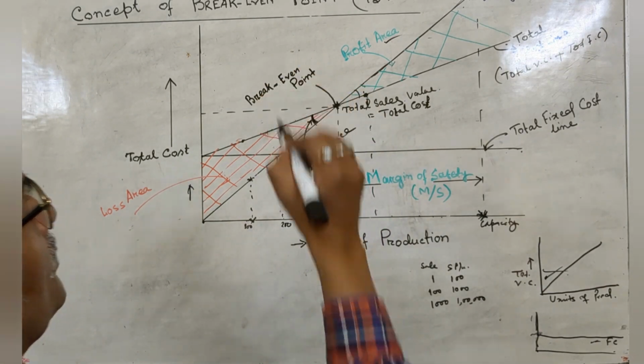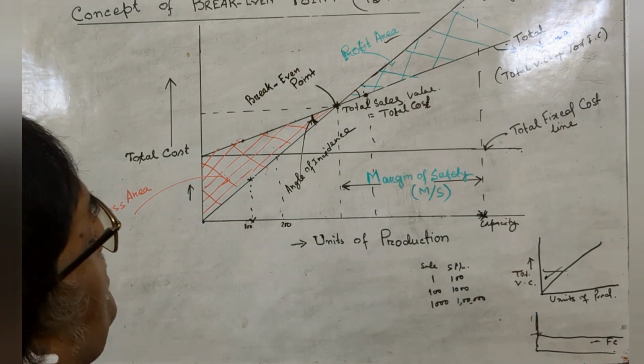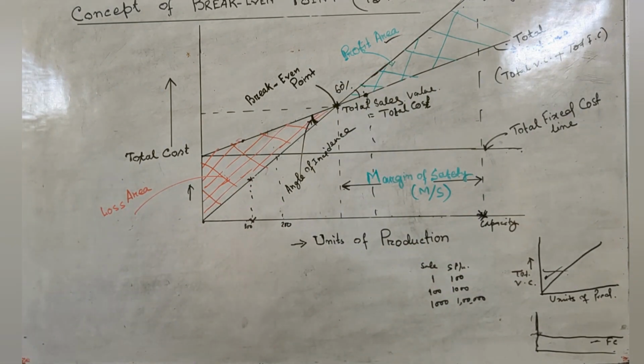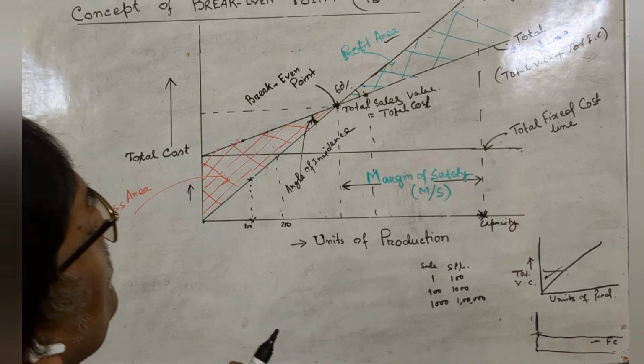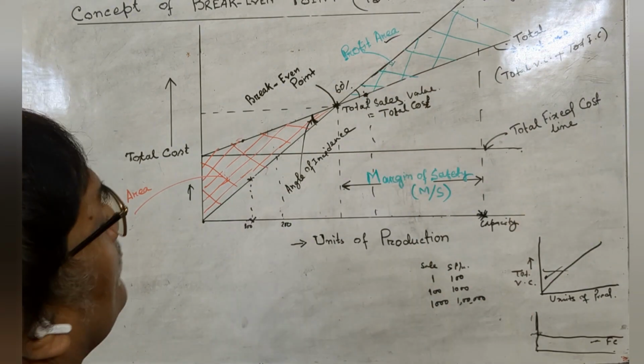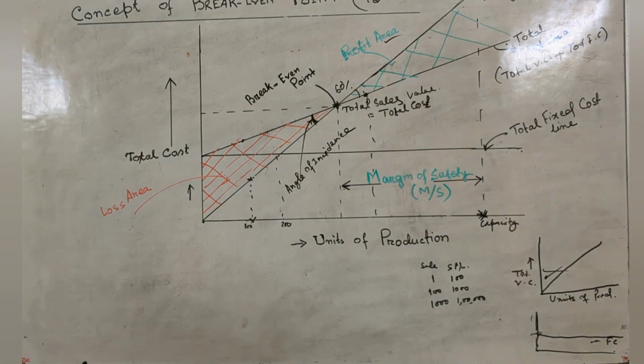And this point is called break-even point or break-even capacity, whatever. Say, this is 60% capacity of the farm. It indicates if the farm reaches 60% of its capacity, then it will be no loss, no profit. And after that, it starts earning profit.